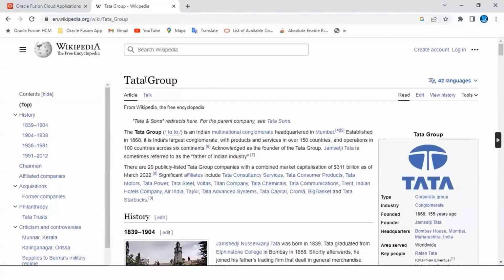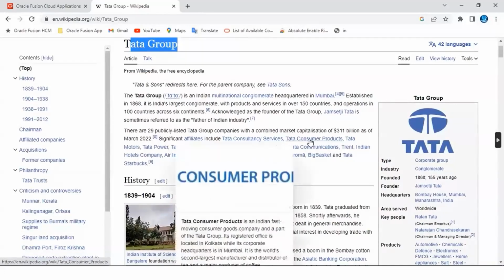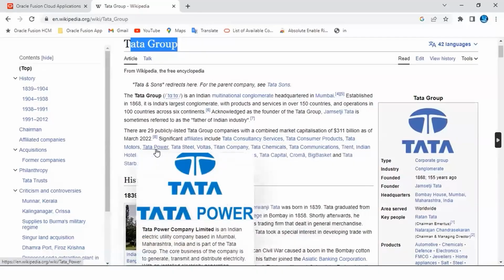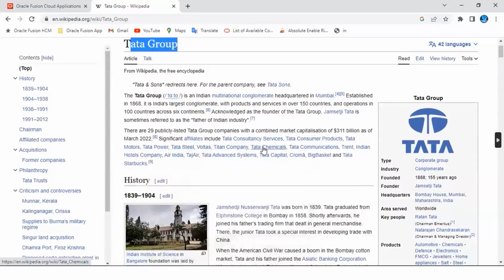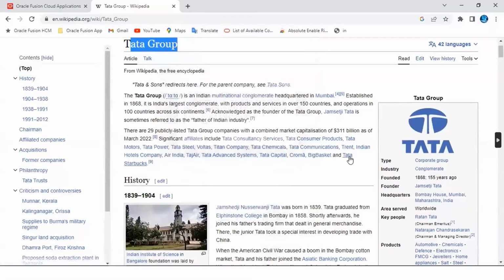If this is the enterprise, these are the legal entities like TCS, Tata Consumer Products, Tata Motors Private Limited, Tata Power Limited, Tata Steels, Voltas, okay, Tata Chemicals or Tata Capital, Chroma, Tata Starbucks.